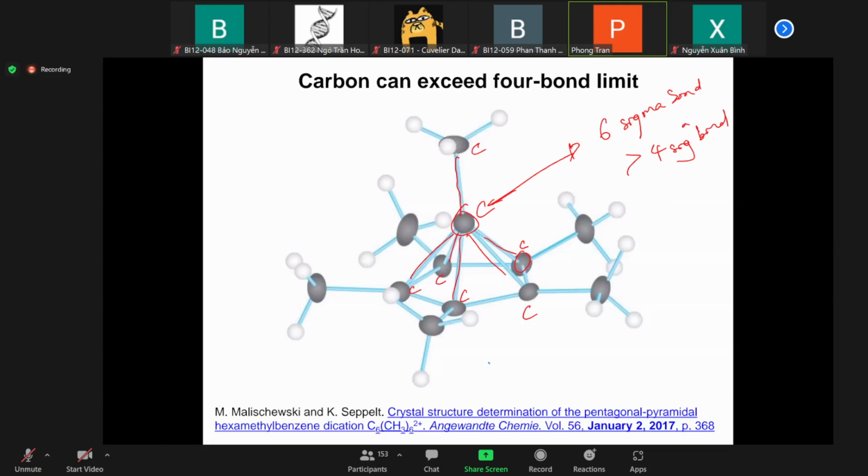And this is not a drawing or an imagination. It's a crystal structure. That means this compound has been isolated and crystallized to get a single crystal, and this structure has been evidenced by single crystal X-ray diffraction in the lab. They published in early 2017.